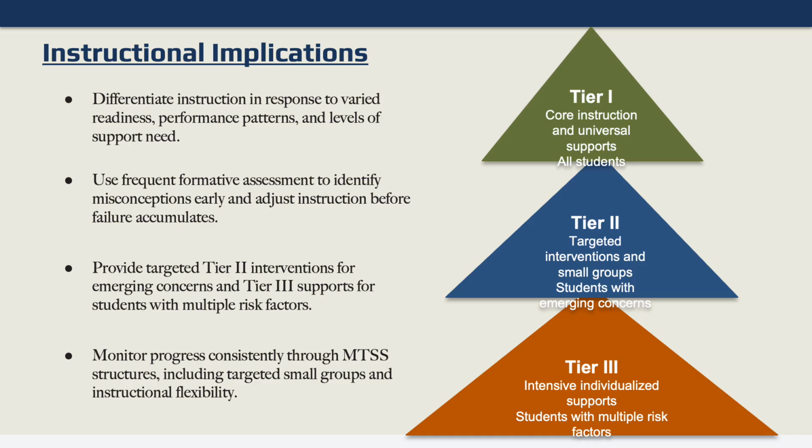So in terms of instructional implications, schools should differentiate support across a multi-tiered system. The universal support for all, which means frequent formative assessments, should be used to identify misconceptions early and have an opportunity to adjust instruction before failures begin to build up and cause students to be moved to the next tier. Targeted interventions for some. This is at tier 2 and tier 3.